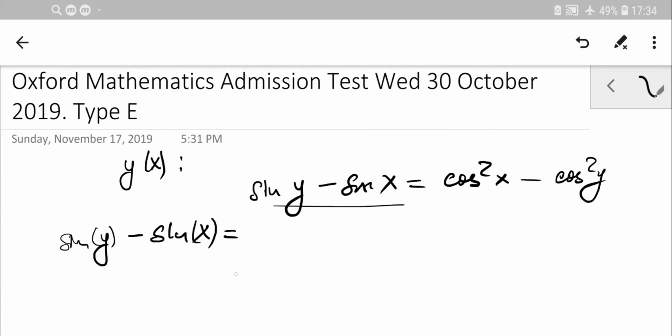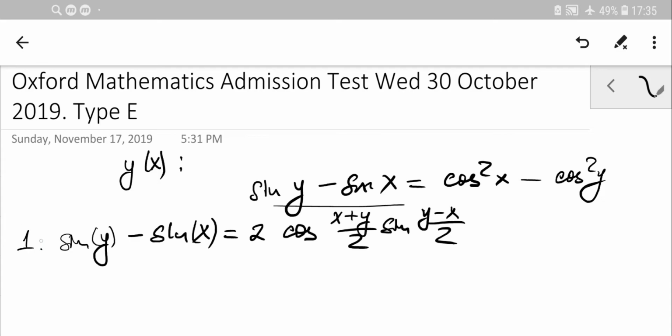According to the formula, we should get the double product of cos of the semi-sum, x plus y over 2, and sine of the difference over 2. That's exactly what we'll have.